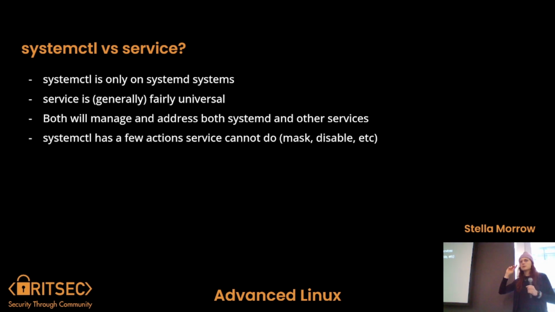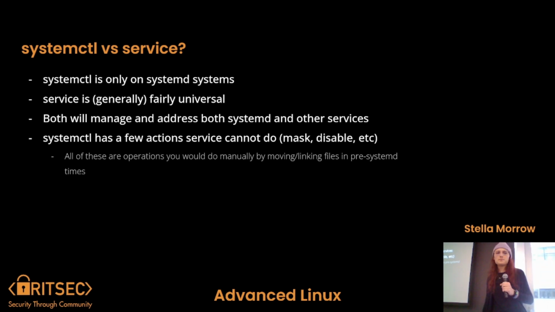Systemctl has a few actions that service can't do, like mask and disable, which is how you basically prevent a service from starting on boot, or completely block it from running. In pre-systemd times, you just did this manually by moving or linking files, making symlinks.